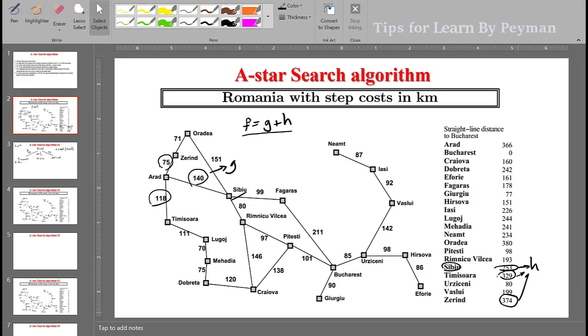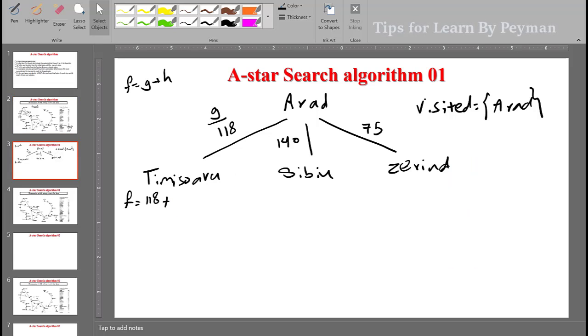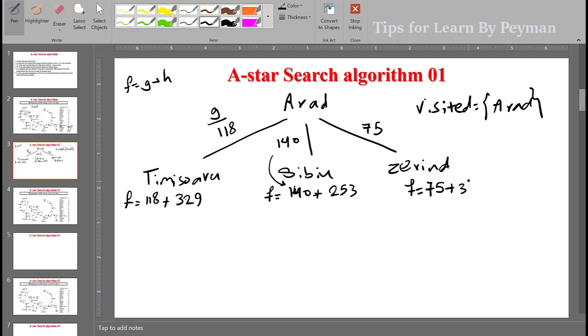I just remember them and write them here. 118 plus 329. For Sibiu we have 140 plus 253, and for Zerind we have 75 plus 374.